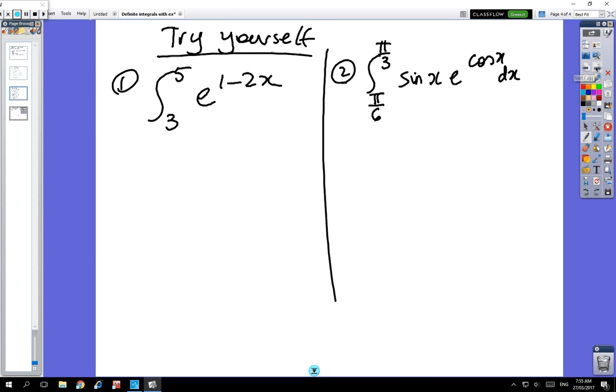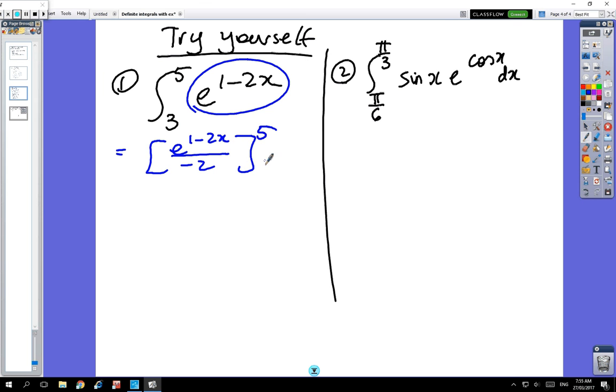Here's a couple for you to have a go yourself, when you're ready to come back live. Okay, let's have a look. We've just got a linear function. So it's just going to be square bracket e^(1 minus 2x) over minus 2 from 5 to 3. That minus a half can come out the front, and then we put in the values: e^(1 minus 10) minus e^(1 minus 6).